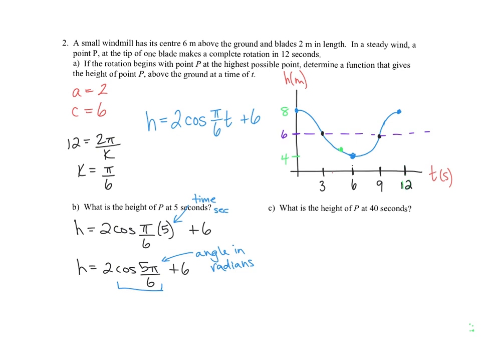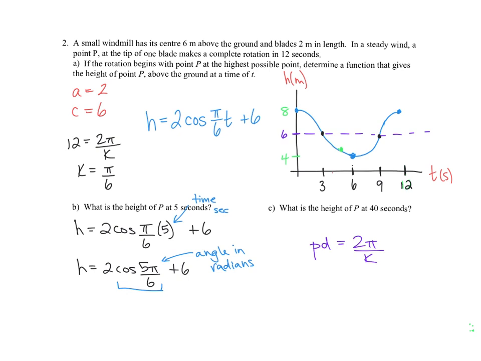When we were dealing with our period equals 2 pi by k, that stretch factor of pi by 6 isn't just a stretch factor. It's also a unit conversion factor. It actually converts for us so that now we can have an axis, in this case our t-axis, written in time in seconds. So what do I mean by that? I want you to think about your period equals 2 pi by k.